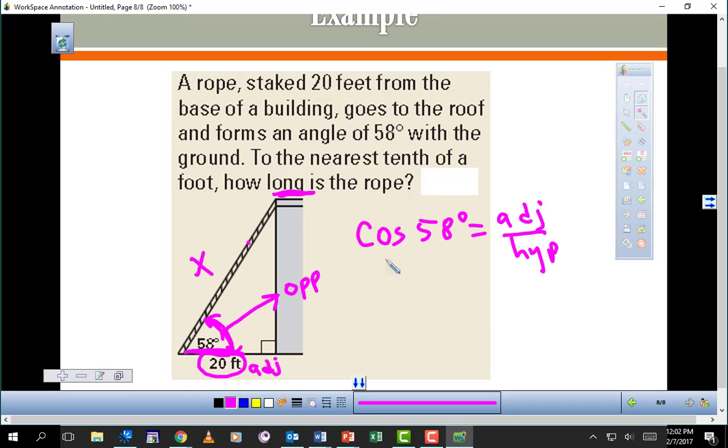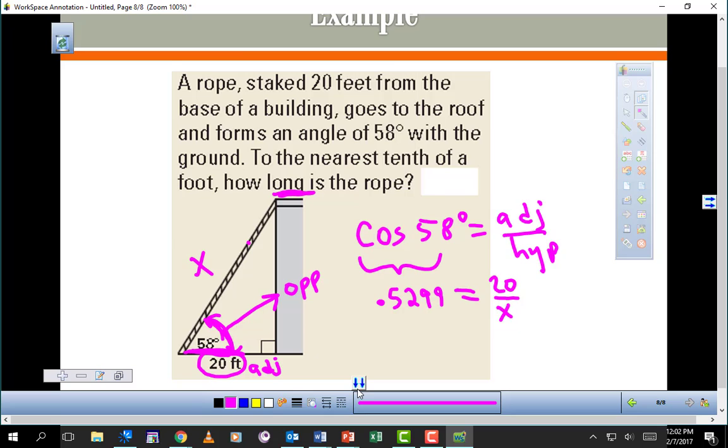In this case, I do this in the calculator: cosine of 58 degrees is 0.5299. And of course, the adjacent side is 20, and the hypotenuse is x.